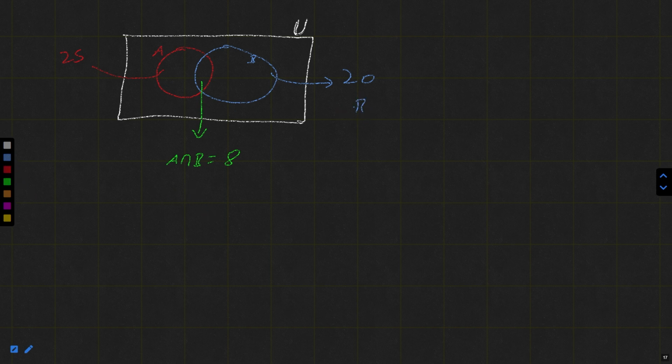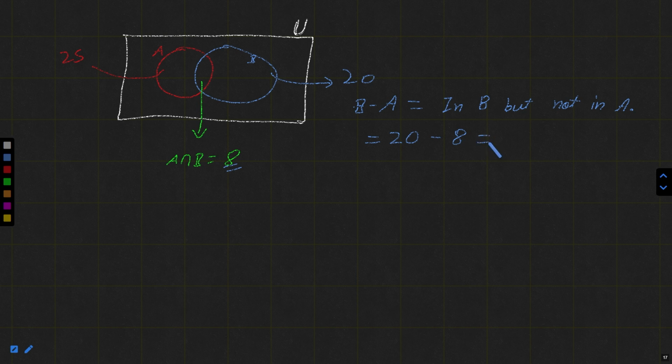Now B minus A means the elements which are in B but not in A. There are a total of 20 elements in B and the common elements in A and B are 8, so we subtract 8 from 20.